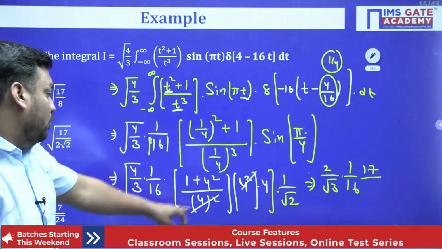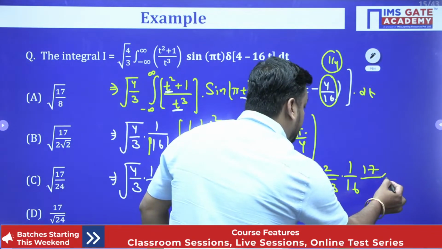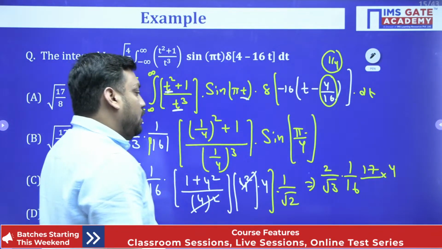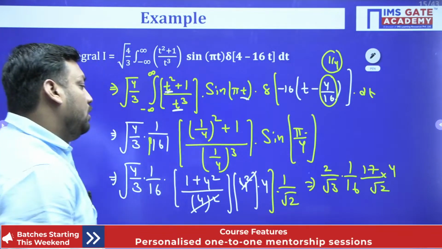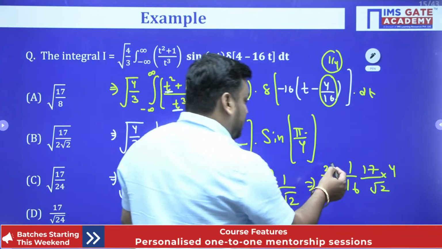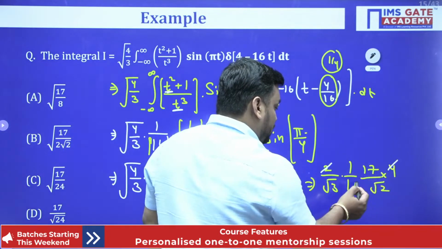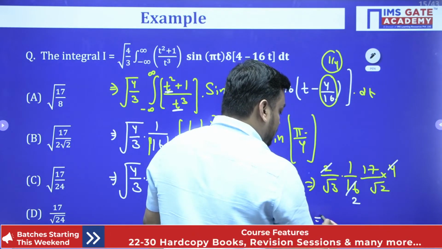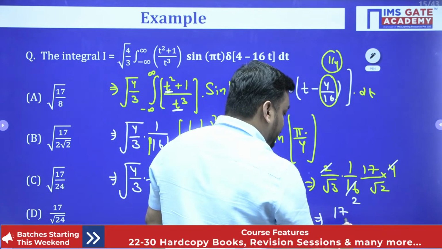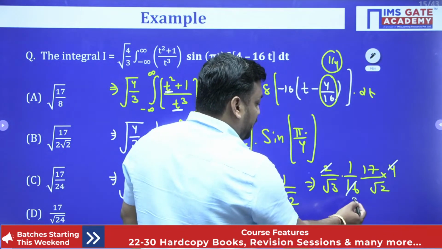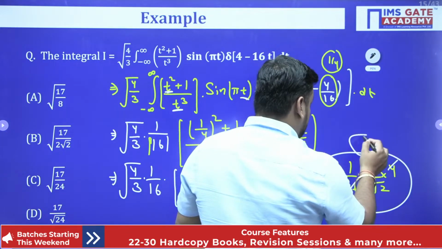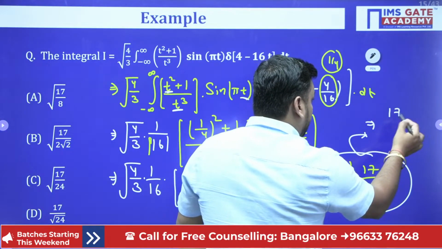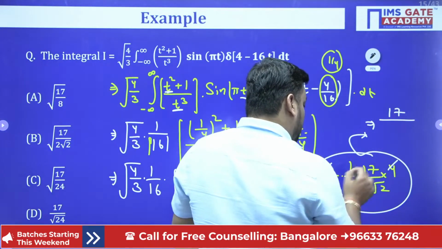And one more 4 is there in the numerator, and in the denominator we have root 2. So you can just multiply: 4 twos are 8, 8 twos are 16. So ultimately from here your answer will be 17 upon 16 root 3 root 2.